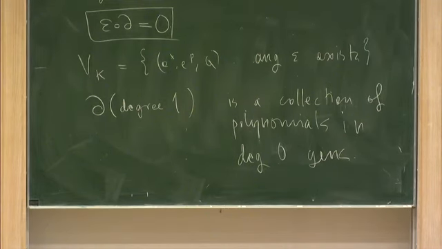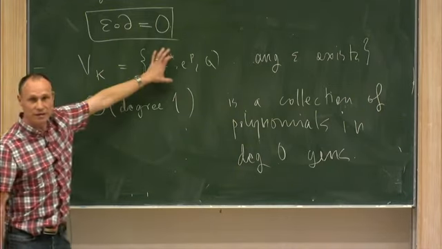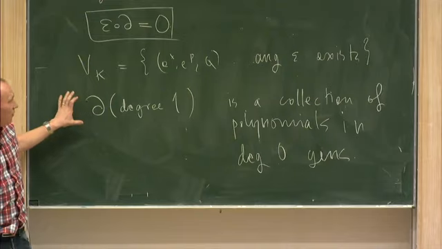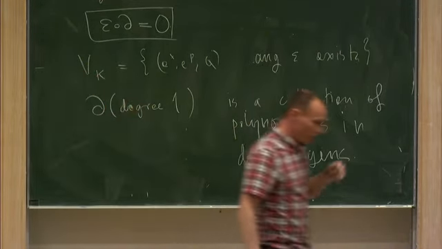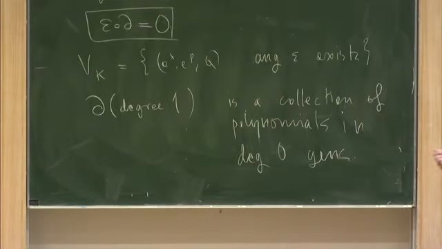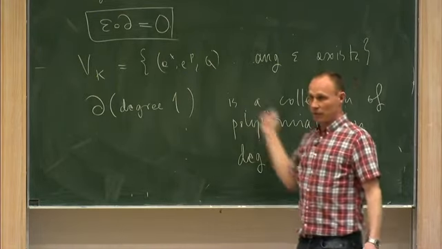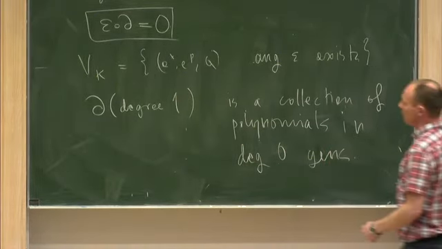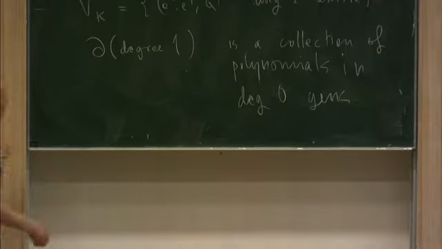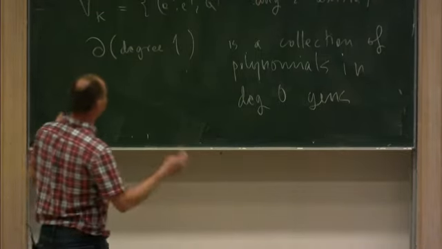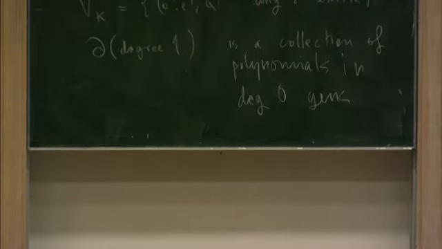So what we see is that we have a large number of polynomials, and we need to find the locus where these polynomials have a common root. This is some kind of statement about elimination theory. In particular, this V_K will be an algebraic variety, and in fact it is a curve.